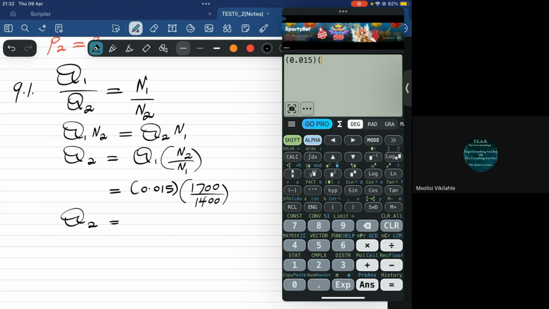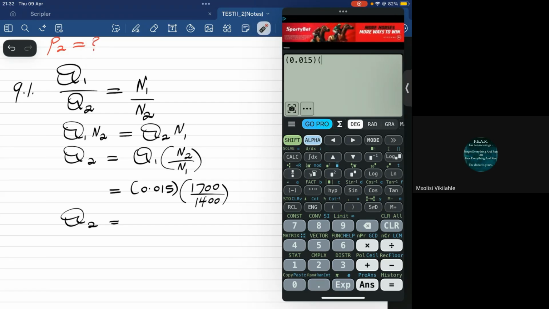You can see that the first volumetric flow rate was 0.015, meaning that the new volumetric flow rate must be above this. Let's see.